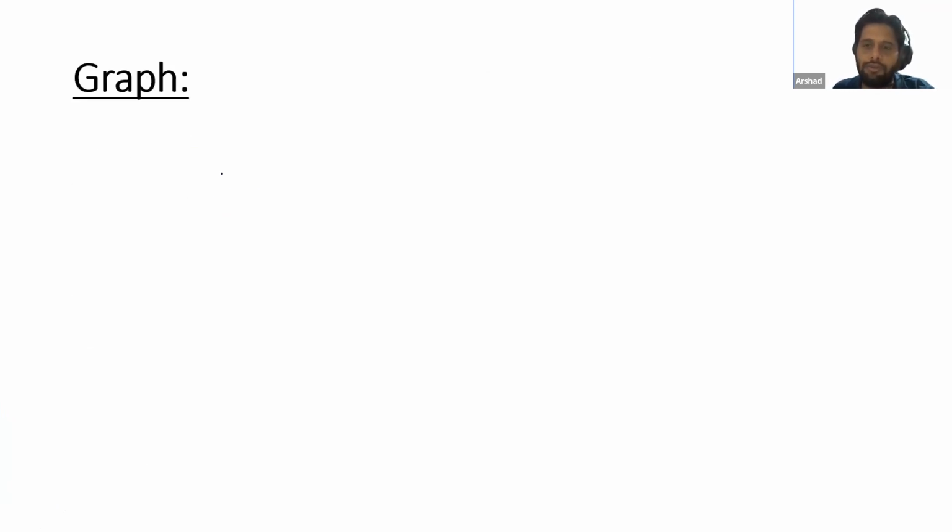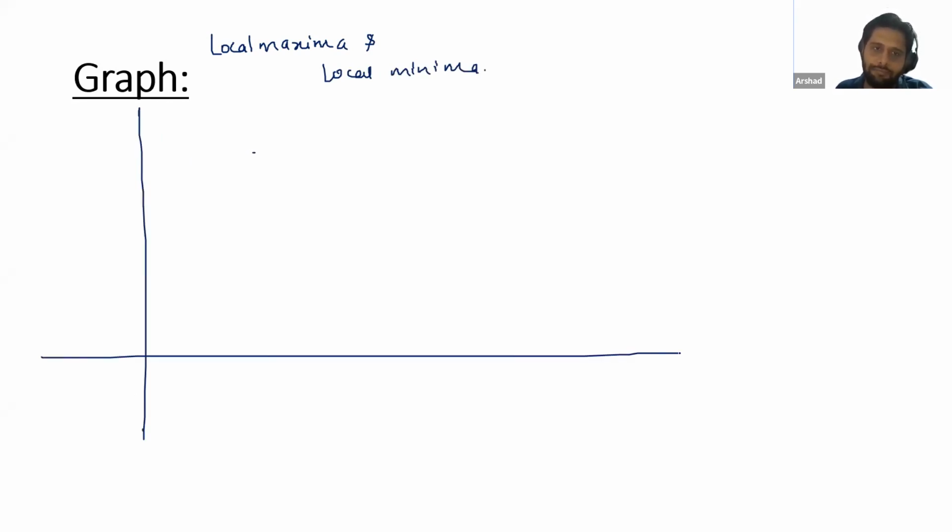We will try to understand this from the graph. What is local maxima? Till now, we have done the maximum and the minimum value, but here they are saying local maxima and local minima. So we have this graph.